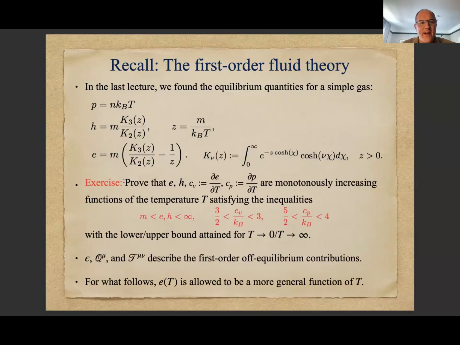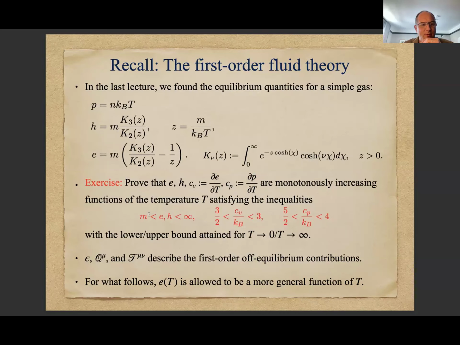Now the first exercise for today's lecture, because we're going to use this at several places: you can prove that the energy per particle, the enthalpy per particle, C_V, which is the heat capacity at constant volume, and C_P, which is dH by dT (sorry, that's an error, that should be H here, not P), are monotonically increasing functions of the temperature, and they satisfy the following inequalities.